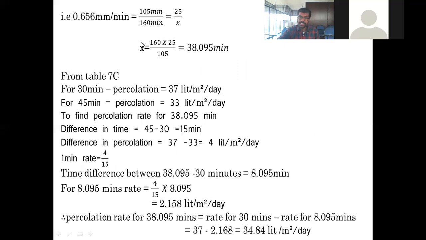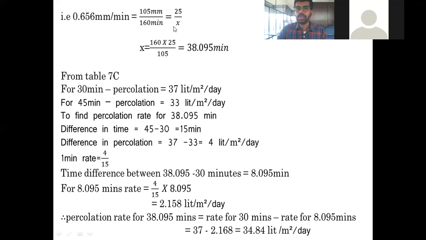So how to find it: 0.656 means 105 divided by 160, which we have found, equal to 25 divided by x. We have to find this x, the time taken for 25 mm. For 105 mm it was 160 minutes. For 25 mm, how much?